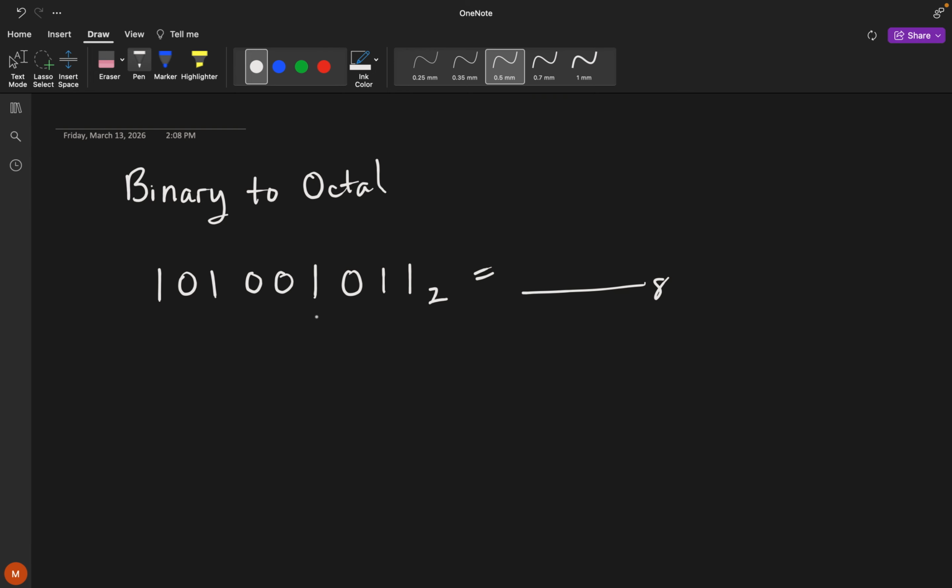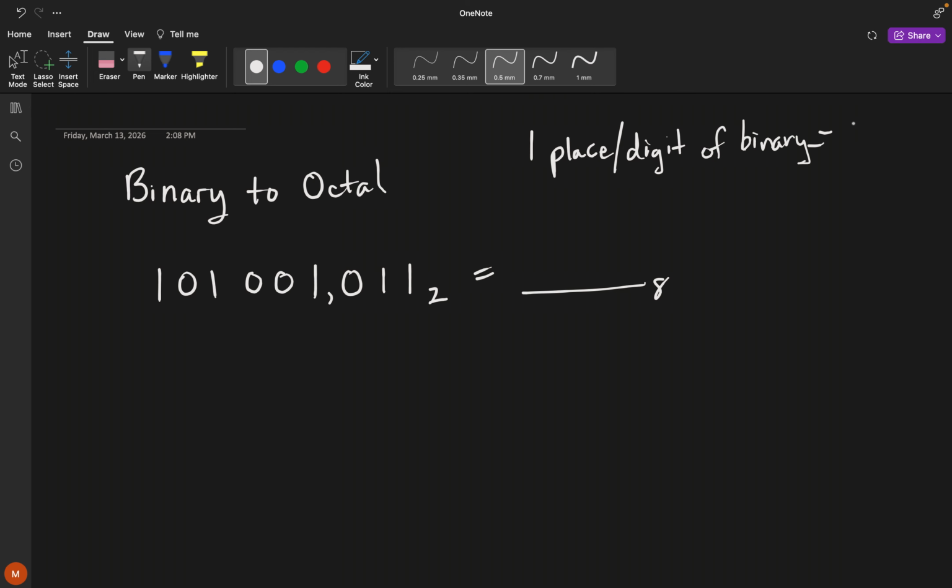As I said, 2 to the power of 3 is 8. So I'm going to start on the right side, and I'm going to add a comma, just a little mark, between every triplet of binary places. By the way, one single place or digit of binary has a special name.